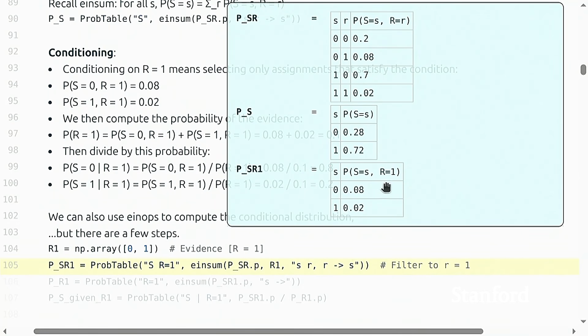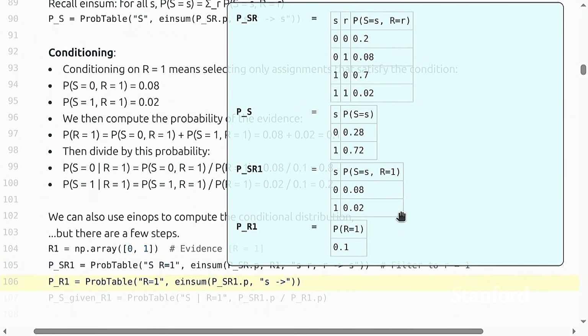Okay, so that gives me this quantity, which is what I had before. So this is the selection of this with this evidence R equals 1, where I simply drop the R. So R doesn't show up on the right-hand side. Okay, and then it's basically the same thing as before.